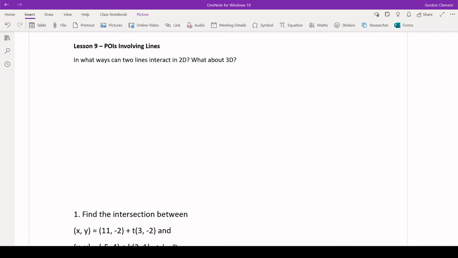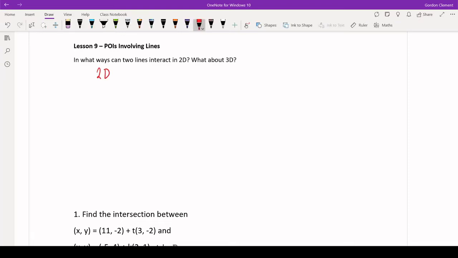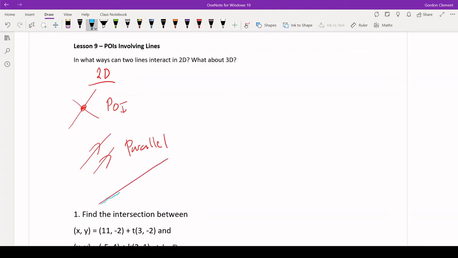Whenever I start a new type of intersection, I like to think about what possible scenarios there could be. So in 2D, when you have two lines, those lines might have a POI. They might be parallel. Or I might give you one equation and then another equation that are in fact the exact same line.